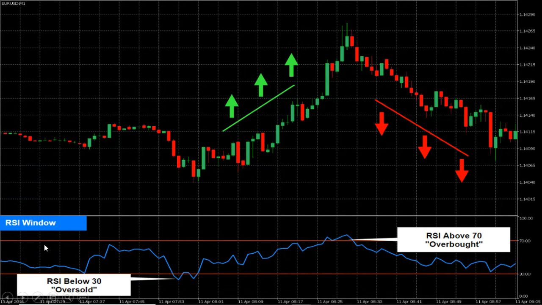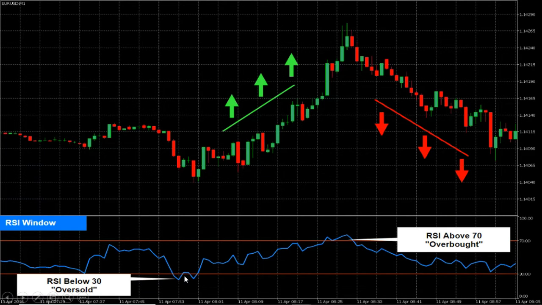You can see the range is from 0 to 100, as I told you in the first point. The second point was that when it is 70 or above, it is an overbought condition. When it is 30 or below, it's an oversold condition. You can see here the range from 30 to 70. This was overbought, this was oversold.